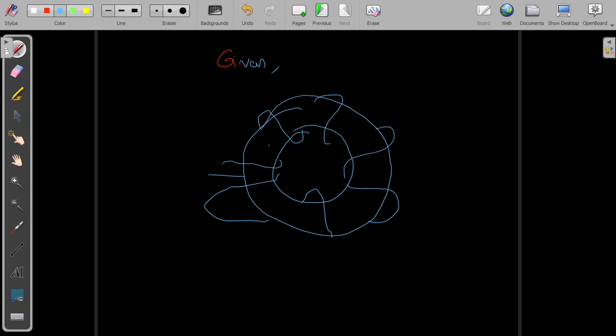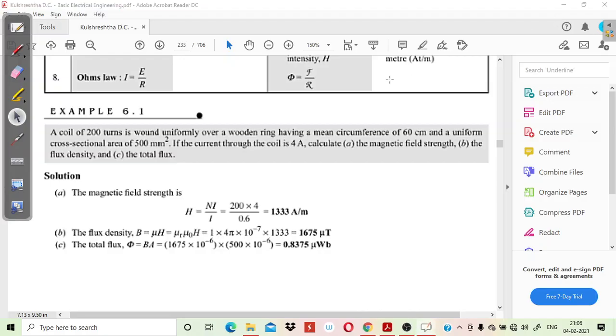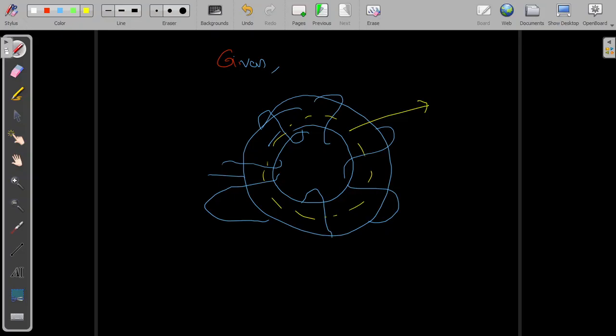The examiner has given the mean circumference, which is equal to 60 centimeter.